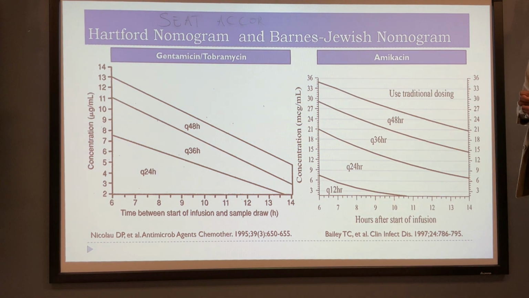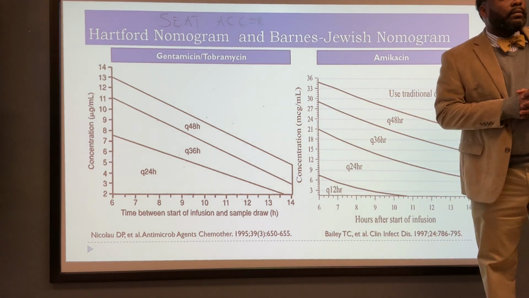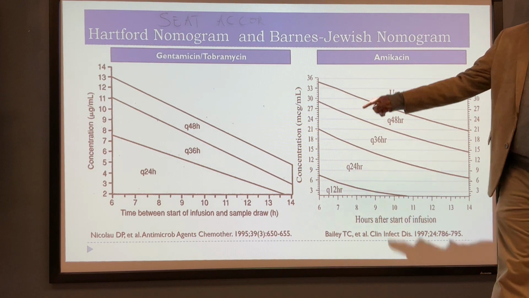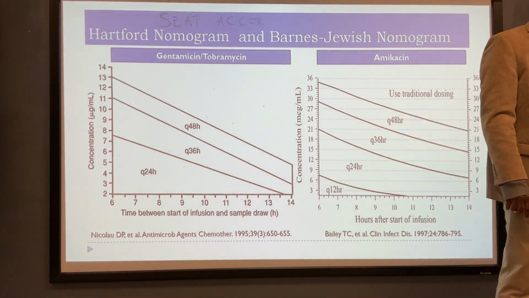Don't get confused on that. C-Max is a very specific time. C-Min is a very specific time. Everything else is a random level that you can identify based on the time.